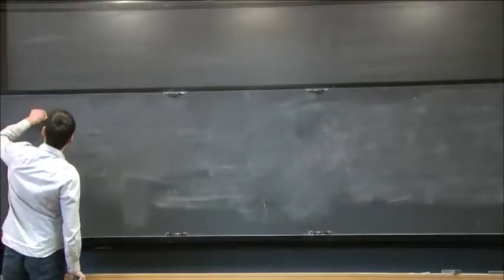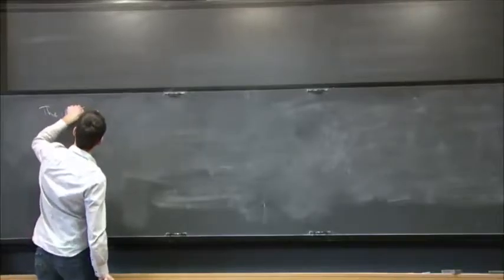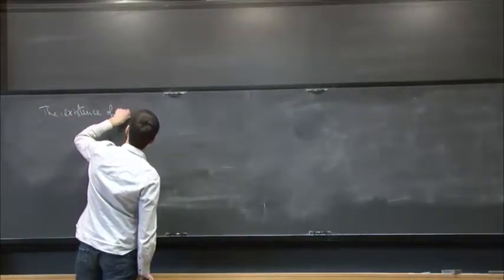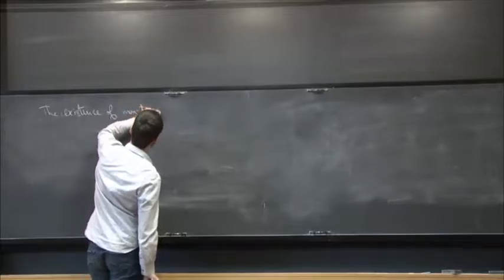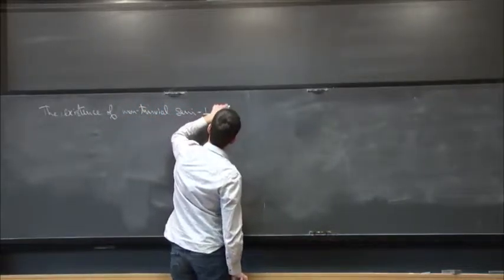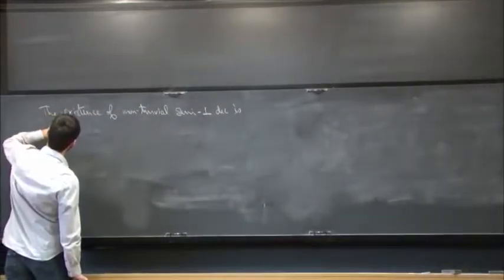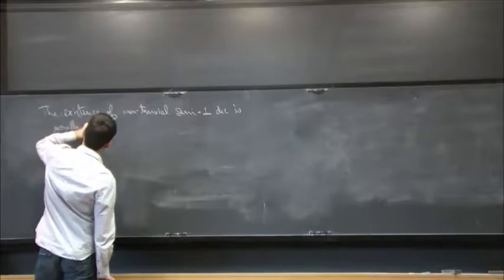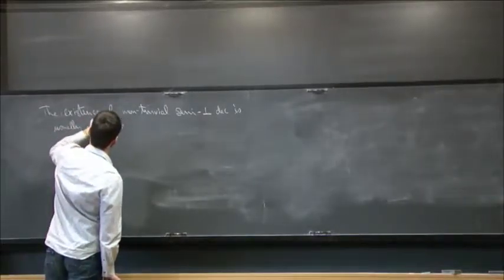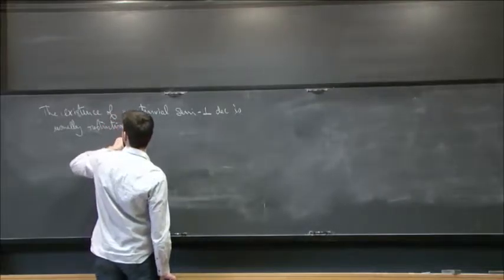Okay, so let's first start with the fact that the existence of a non-trivial semi-orthogonal decomposition is usually quite restrictive on X. So here it's not by exceptional objects, but just semi-orthogonal decomposition.